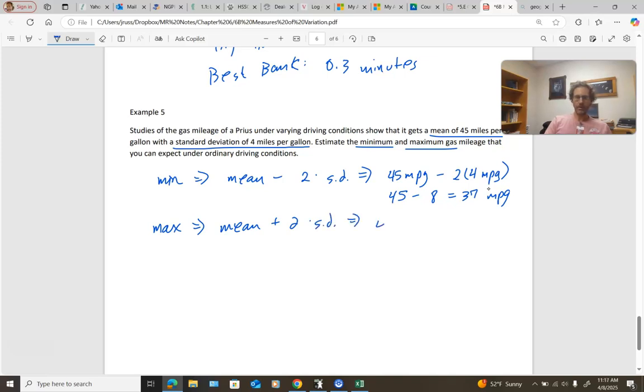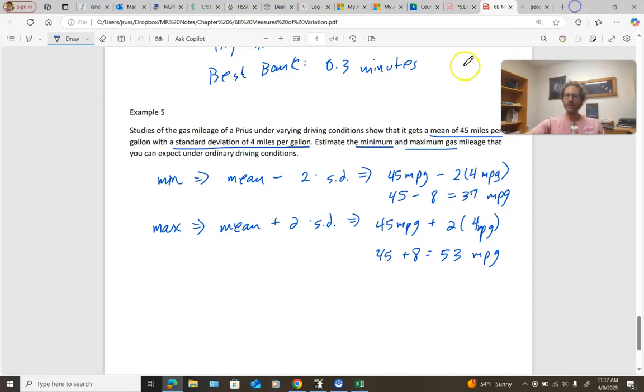So again, 45 miles per gallon plus 2 times 4 miles per gallon, which gives us 45 plus 8, which is 53 miles per gallon. So, in the context of this problem, under ordinary driving conditions, you could expect a minimum of 37 miles per gallon and a maximum of 53.